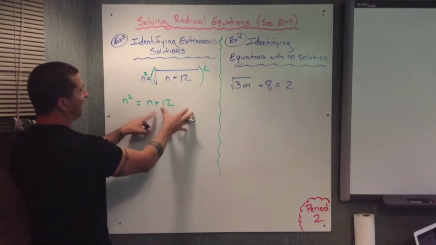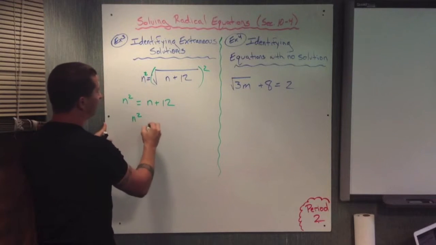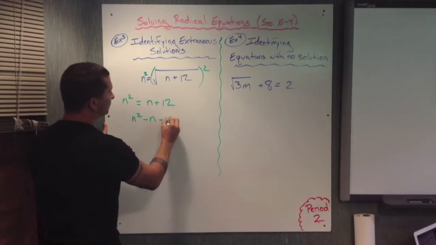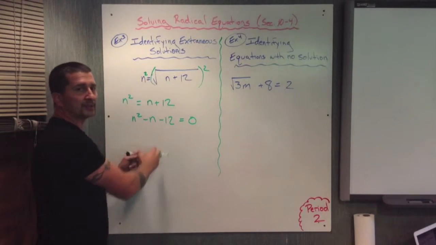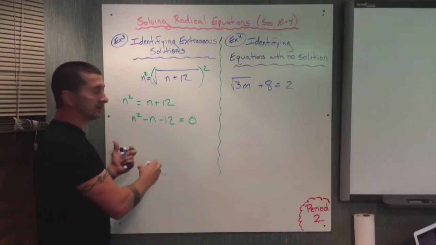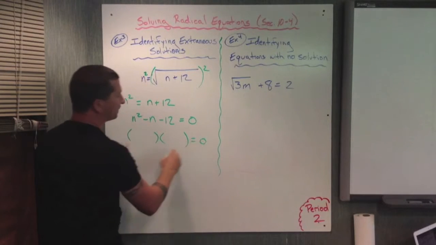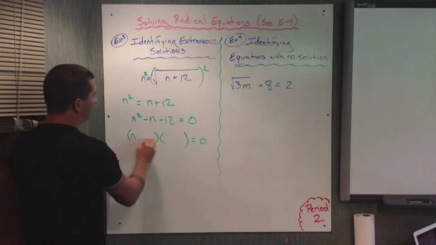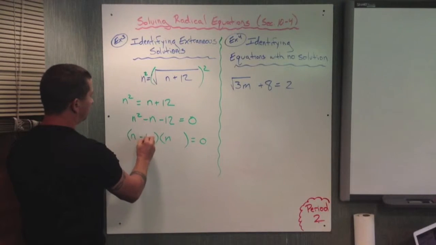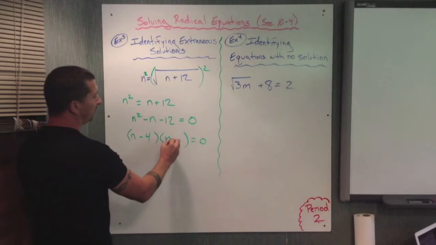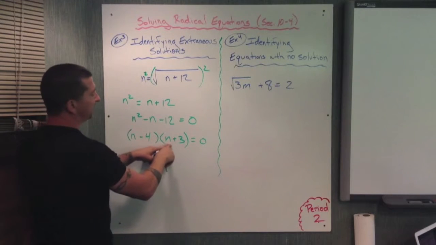Now if we bring everything to one side of the equation, we get n squared minus n minus 12 equals 0. Now, factor this so that we can get two solutions. Factored into two binomials, we have n minus 4 times n plus 3.